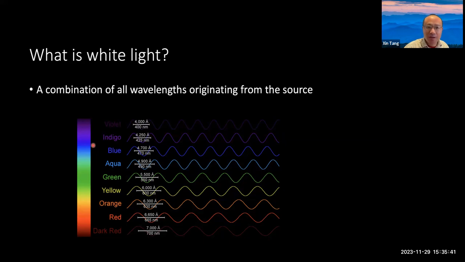H is the Planck constant, developed by Max Planck. That's constant. Mu is the frequency, and if the frequency is larger, then the energy is also larger.